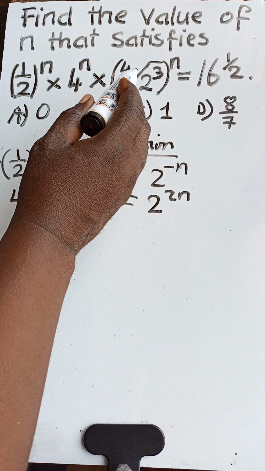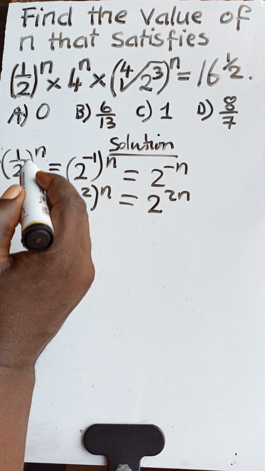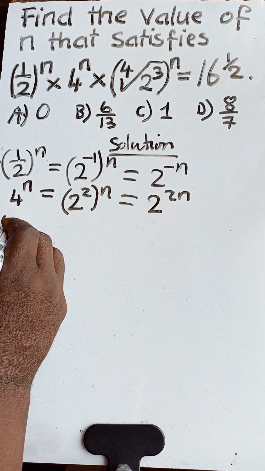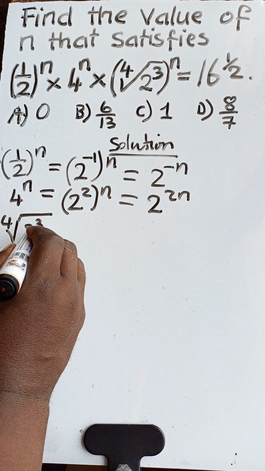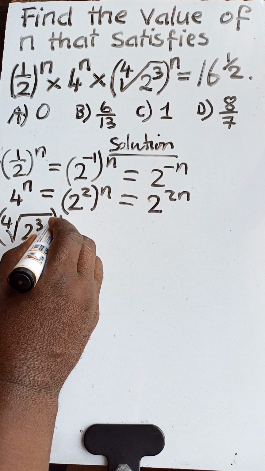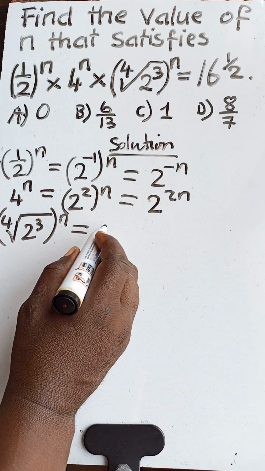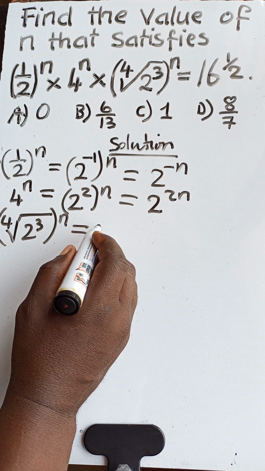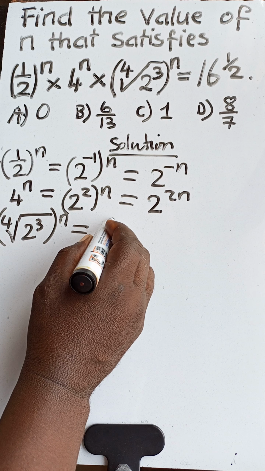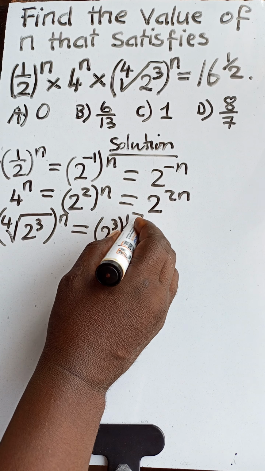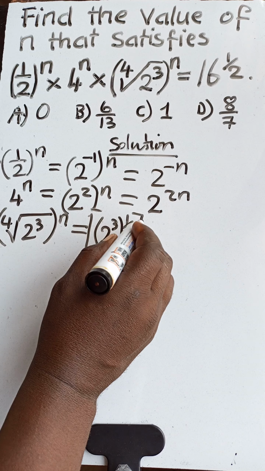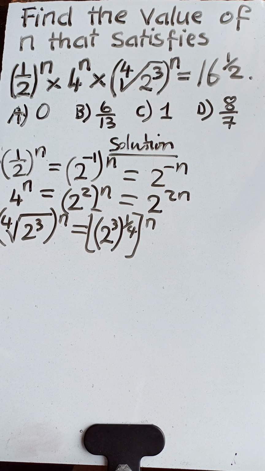Then we take this other one. The fourth root of 2 cubed, all of that to the power n. Fourth root means power 1 quarter. So we have 2 to the third raised to the power 1 quarter, and all of that raised to the power n.